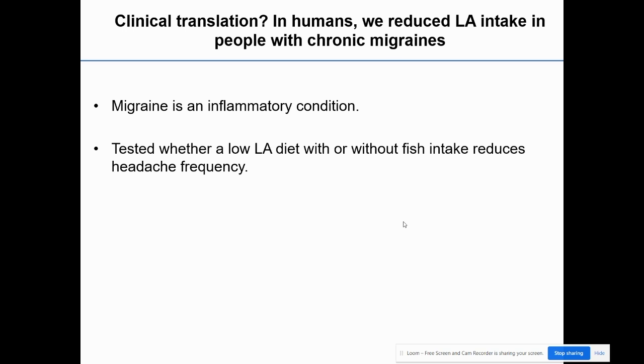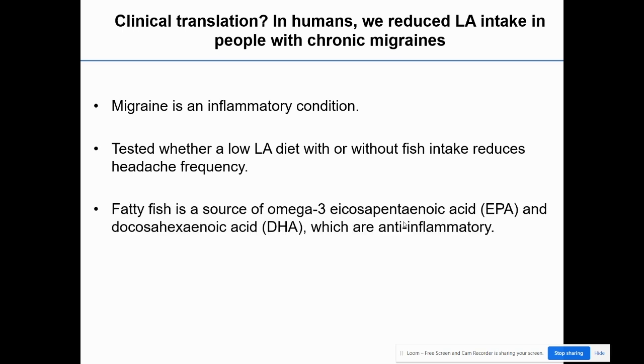And we tested whether a diet low in LA, with or without fish intake, reduces headache frequency. Fatty fish is a source of omega-3 fatty acids, which include ALA that I've mentioned many slides ago, but also the longer chain omega-3 fatty acids, eicosapentaenoic acid, EPA, and DHA, which have known anti-inflammatory effects in vivo.